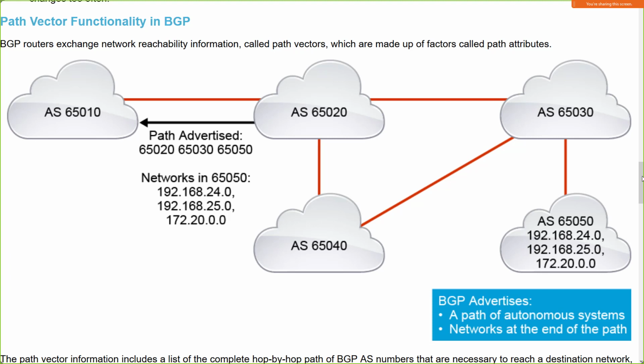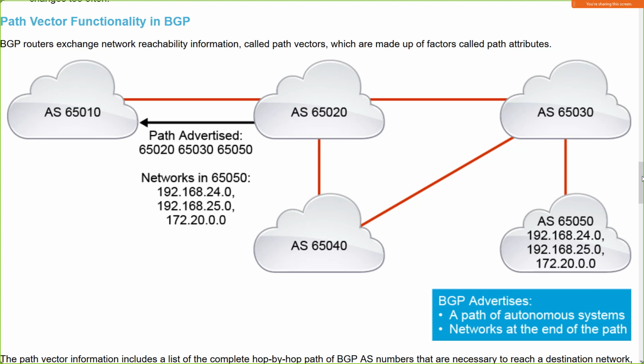So as far as visibility goes, we have very little visibility outside of our own autonomous system on what's happening within each of those other autonomous systems, which is kind of an interesting concept, right? But AS Path is what BGP is concerned with.